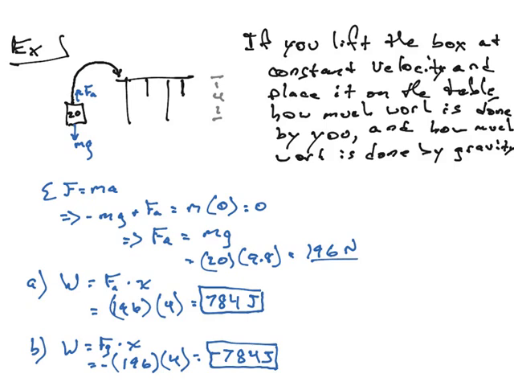Now look at the answers we have and notice that what this means is if you lift an object and you just barely lift it, you're not lifting it extremely quickly or anything, if you just lift it to move it up, the total work done on the object is 0.